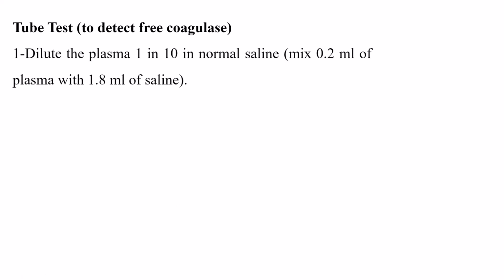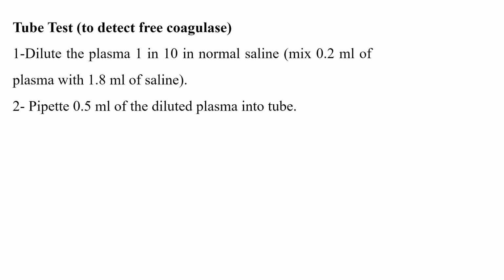We also have the tube method to detect the free coagulase. We will make a 1 to 10 dilution of the plasma in normal saline. So we will mix 0.2 ml of the plasma with 1.8 ml of normal saline. We will pipette 0.5 ml of that dilution into a clean tube.